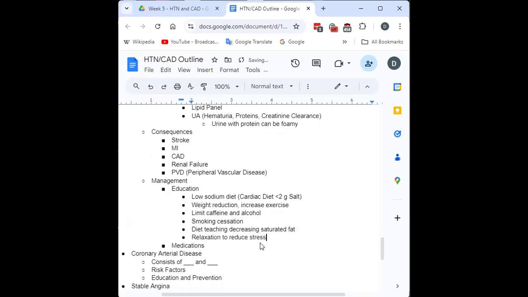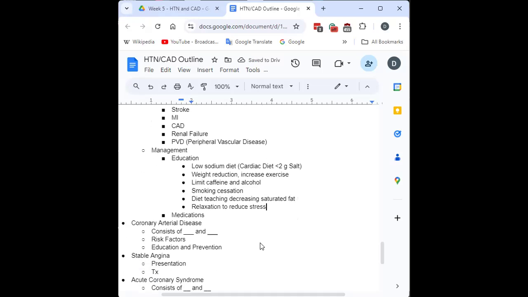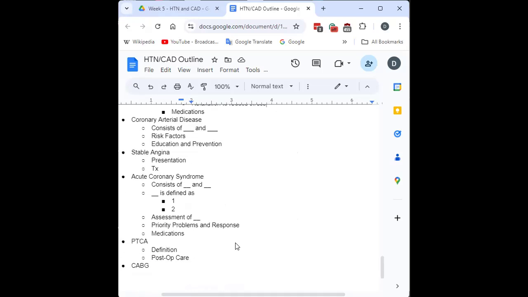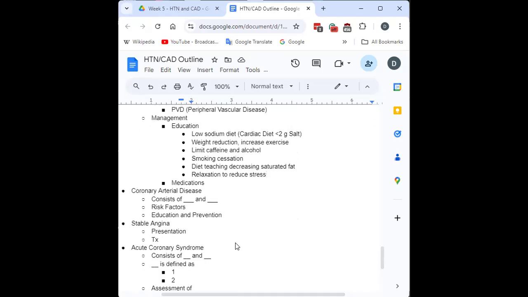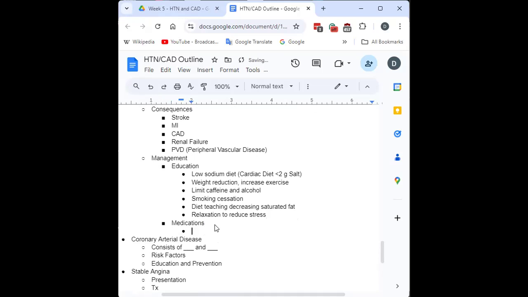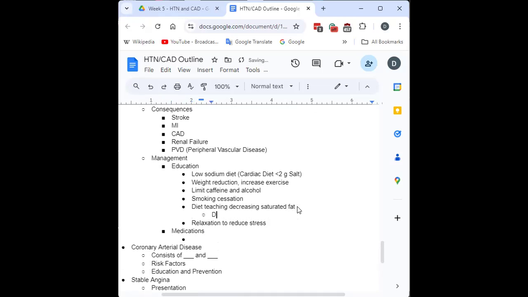Okay, awesome. So now we'll go over the medications. This is going to be your heart failure medications, a lot of the time it ends up going along with it, like the DASH diet.